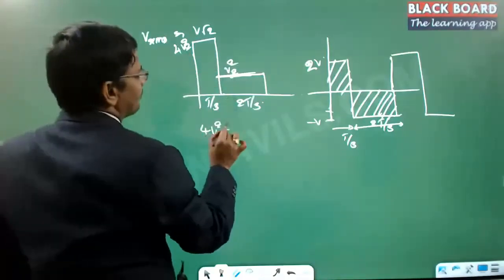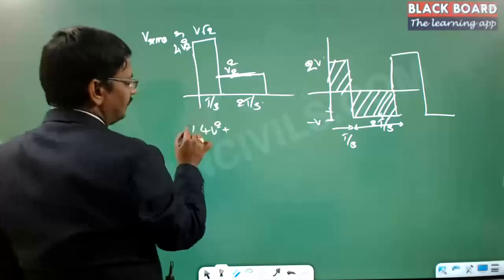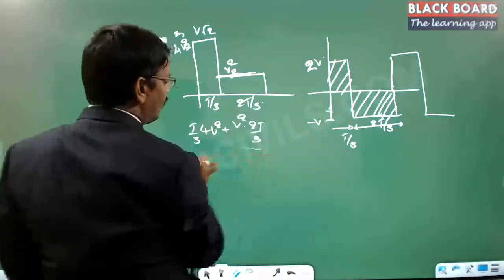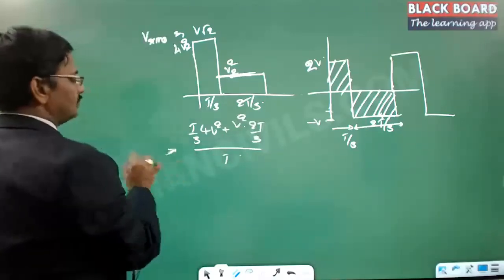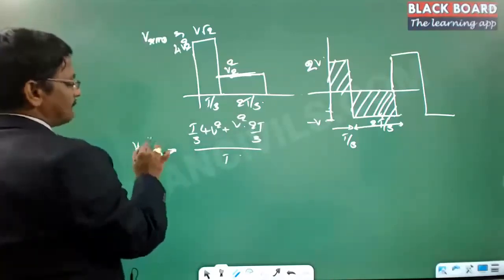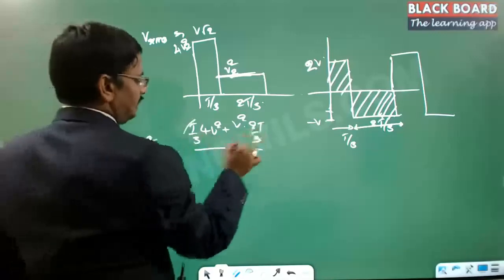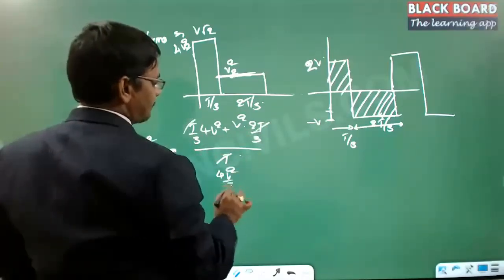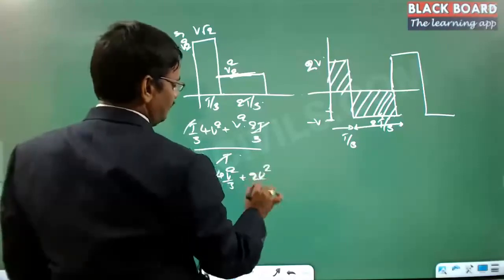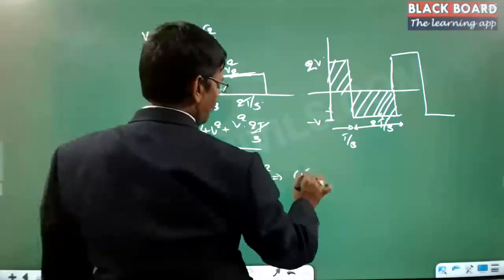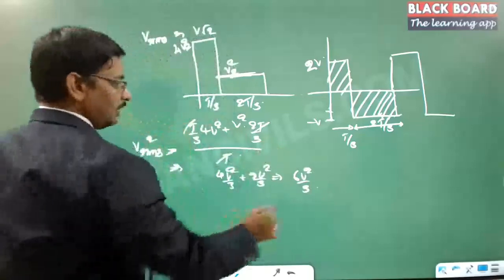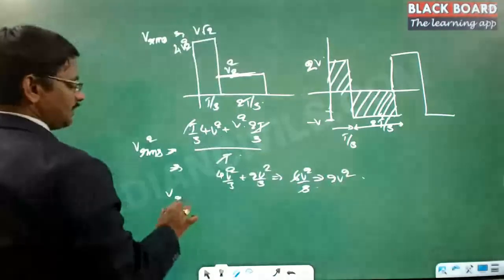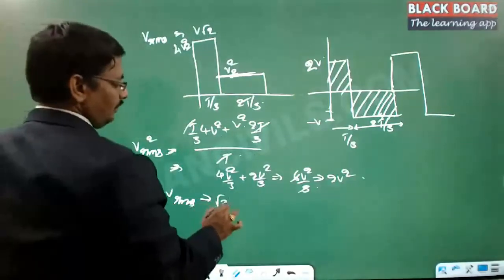So this is 4V square into T by 3, plus V square into 2T by 3, whole divided by T. This is Vrms square. T will cancel, and then 4V square by 3 plus 2V square by 3. This is 6V square by 3, which is 2V square, and Vrms is equal to root 2 V.